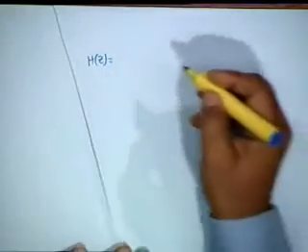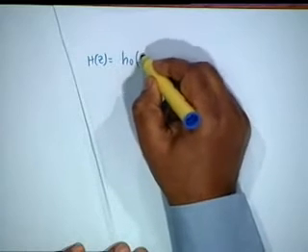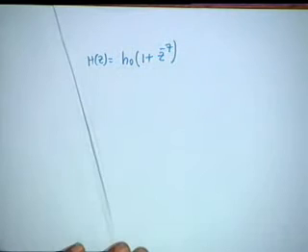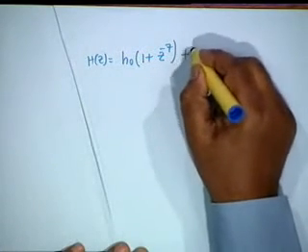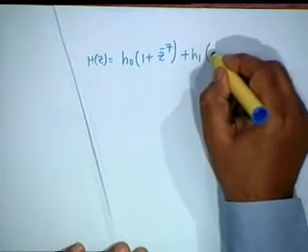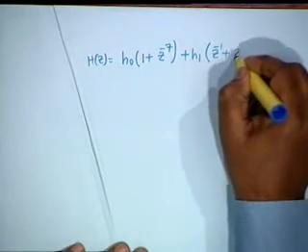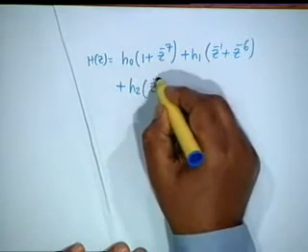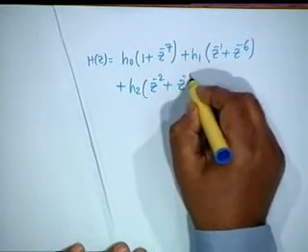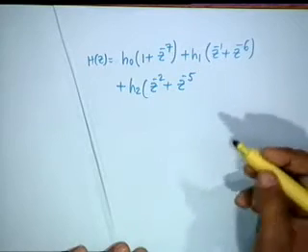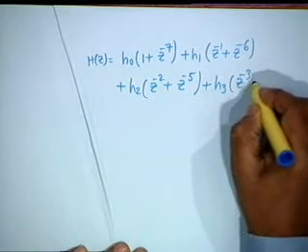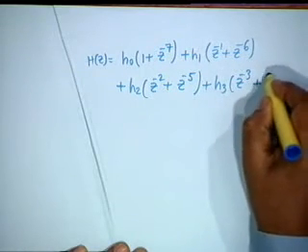If I write H of z, I shall have h0 times (1 plus z to the minus 7), agreed, plus h1 (z inverse plus z to the minus 6) plus h2 (z to the minus 2 plus z to the minus 5), 2 and 5 are pairs, and then h3 (z to the minus 3 plus z to the minus 4).